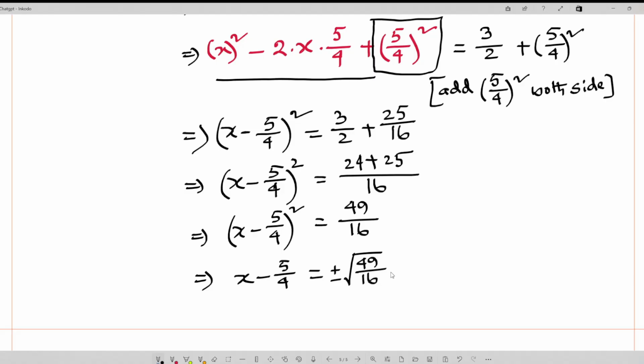Okay, so we can write here square root of both sides, right? So here we get x minus 5 by 4 equals plus minus root 49, it means 7, divided by root 16, means 4.